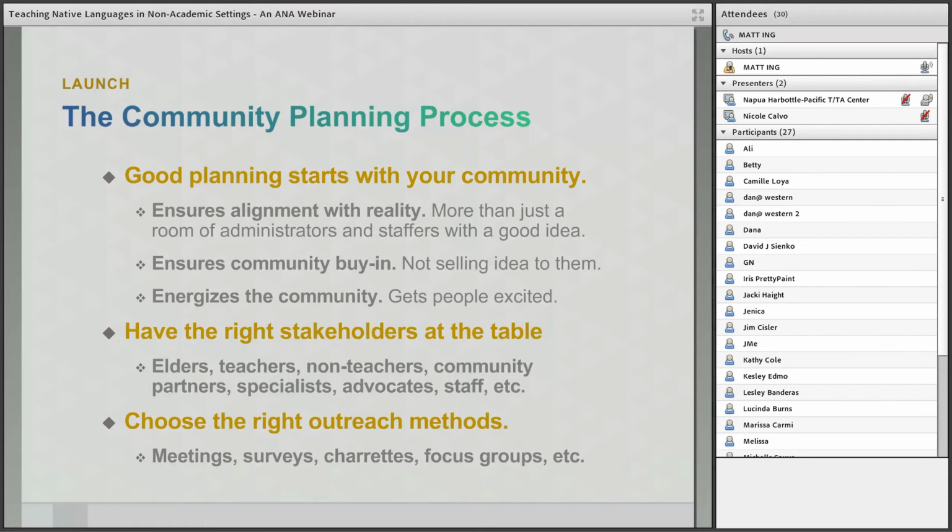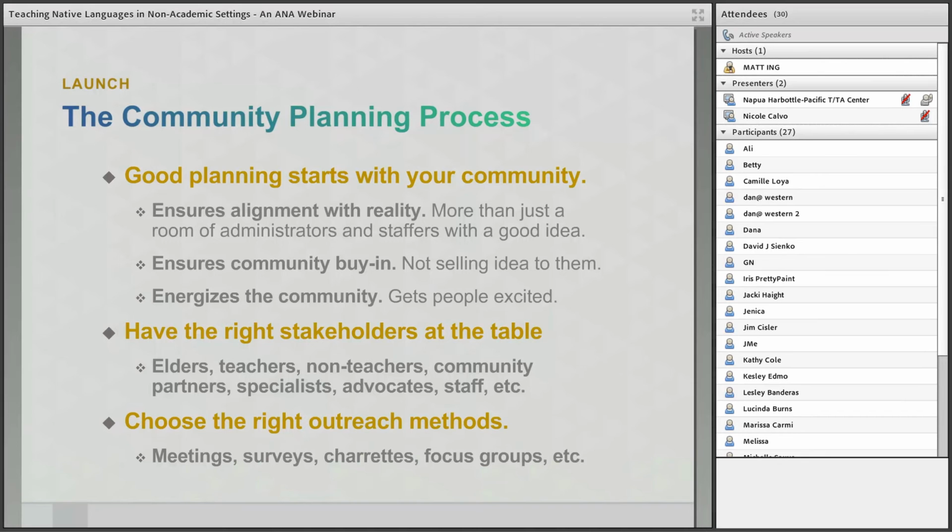You have to have teachers and non-teachers. You have to have community partners, specialists, advocates. Everybody needs to be at the table, but you need to have the right people, because if you have one or two or three missing links at the table trying to formulate this project, then it's not going to work.